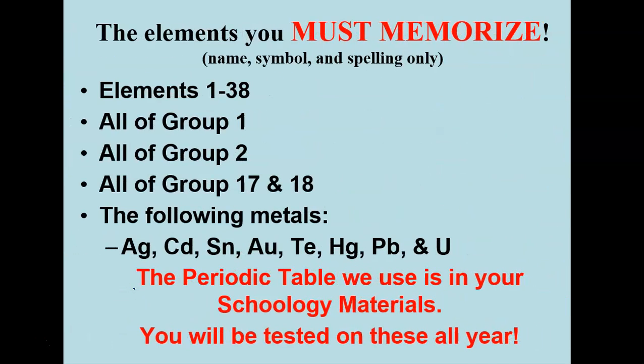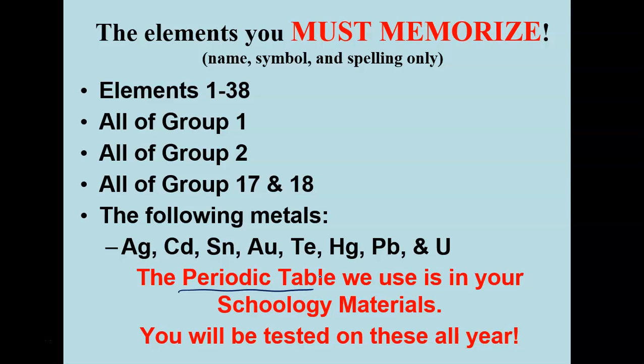So, you will need to memorize some of the elements that we will use throughout the school year. These are common elements. These are the ones that we will work with quite a bit. We'll work on bonding with them, etc. So the periodic table that I'm going to show you is in your Schoology materials.